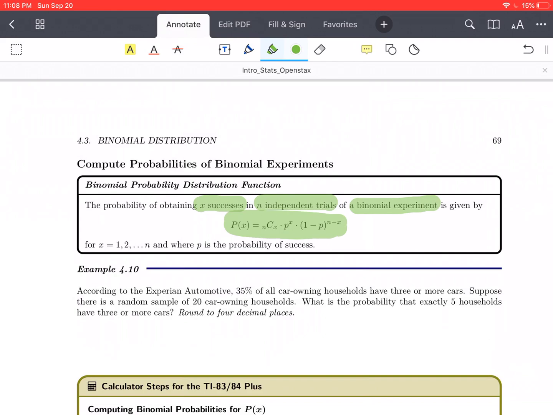We get the combination N choose X. Out of the N trials, I'm choosing X successes because I'm looking at the probability that X occurs, times P to the X, where P is the probability of success, and then times 1 minus P to the N minus X. That would be the probability of failure raised to the N minus X. We succeed X times, and we fail N minus X times, however many we don't succeed in.